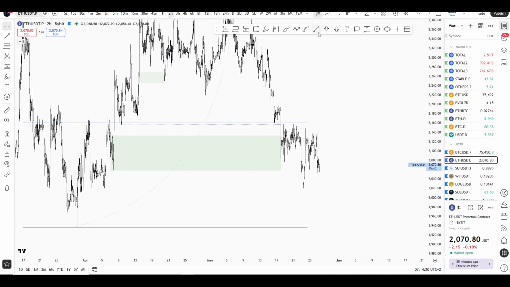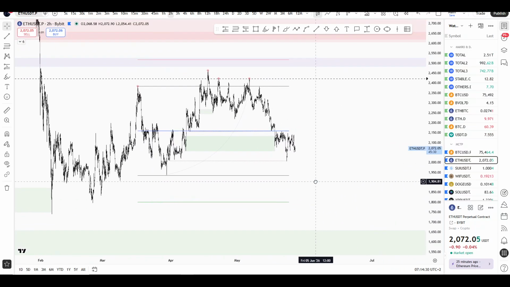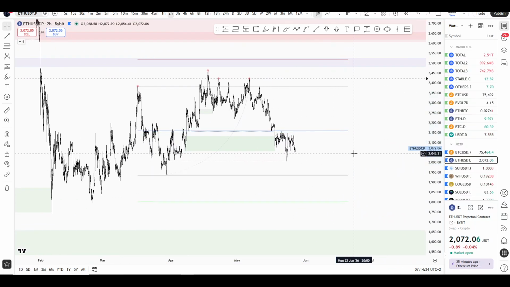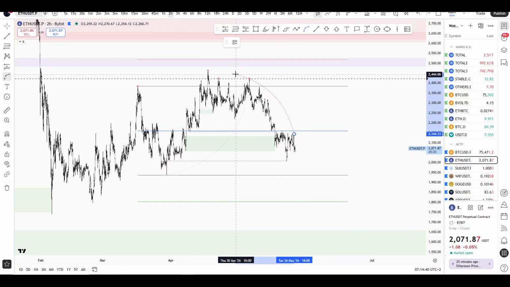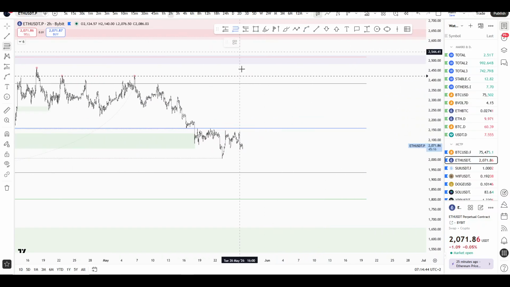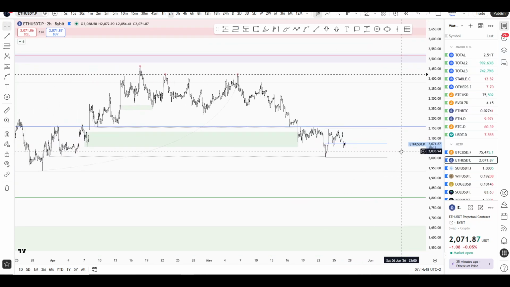On ETH, we took out major liquidity in this range. So if we take out the extreme liquidity of the range after such a big move, and locally speaking, we left so much liquidity here, I would love an accumulation.